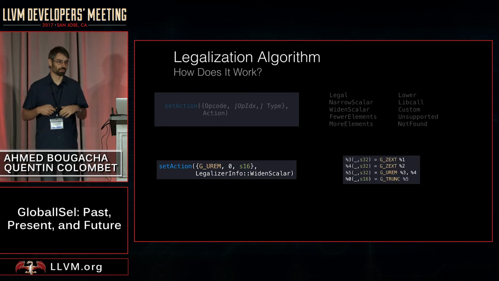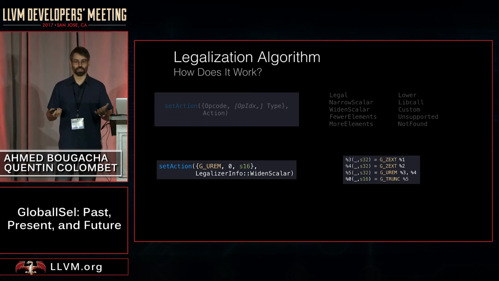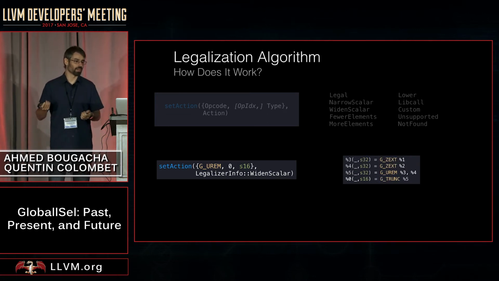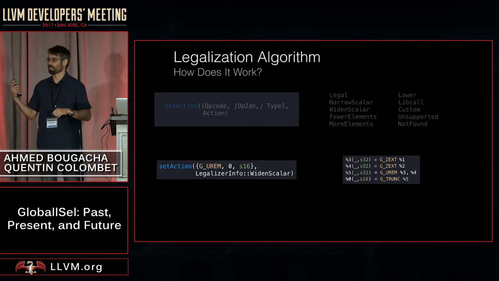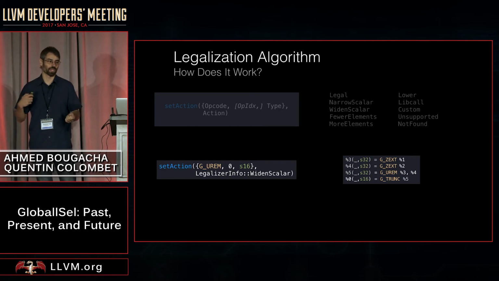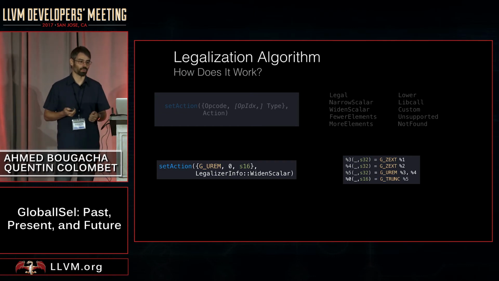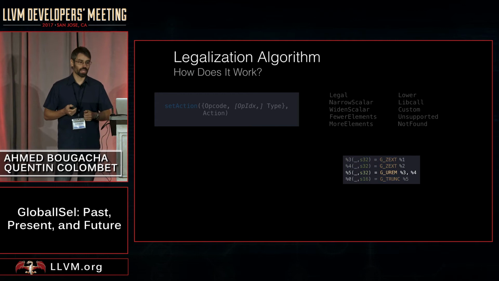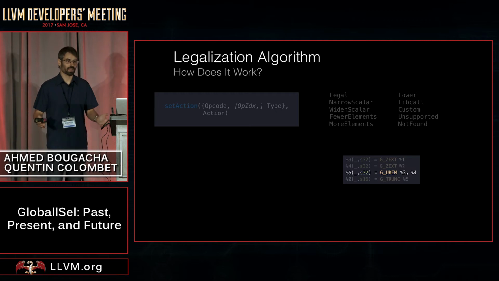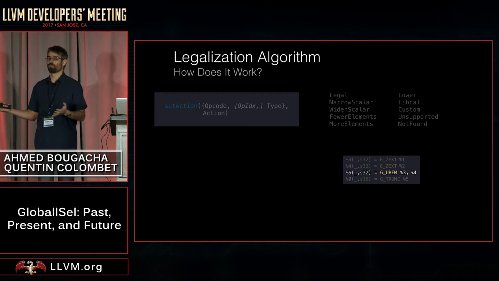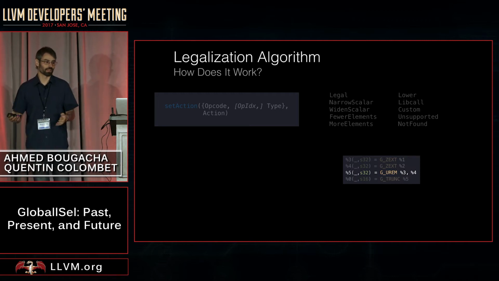So you do that, you end up with an unsigned remainder of size 32-bit, and you have a bunch of legalization artifacts like zero extend and truncate to make the type system coherent. Last year, you would end up in this situation where now you have a urem of size 32-bit, and the legalization algorithm would stop. So that means that if that thing was not legal for your target, GlobalISel would have failed.